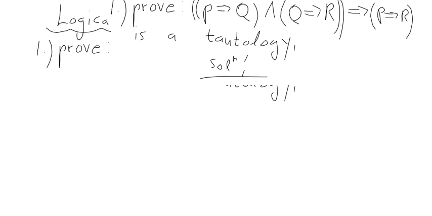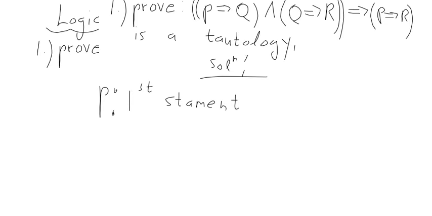Statement P is the first statement. Q is the second statement to the right here. R is my third statement.